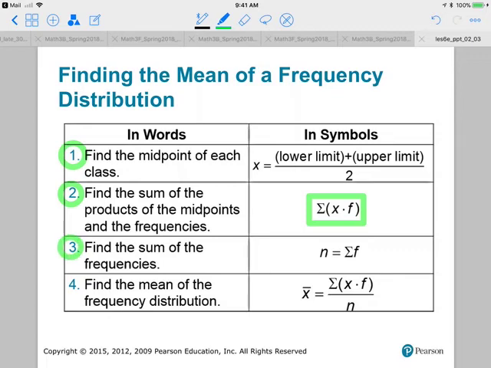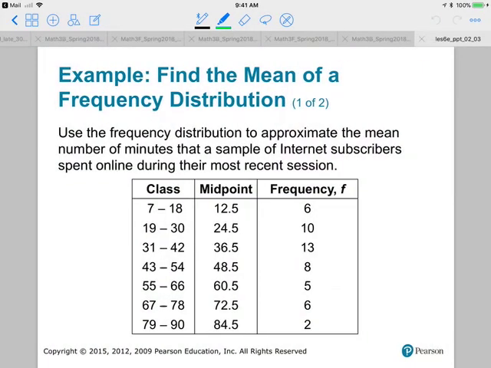Then find n, the sum of the frequencies. This part should be really easy. Lastly, plug this into your formula. Your numerator is the result of step 2, and your denominator is the result of step 3. Divide them, and you get the mean of your frequency distribution.